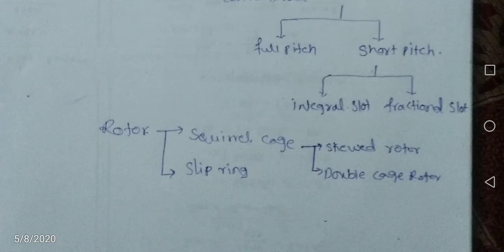The inner cage offers the highest impedance at starting, so the current flows from the outer cage at starting condition, and in running condition the outer cage offers the highest impedance, so the current flows from the inner cage.